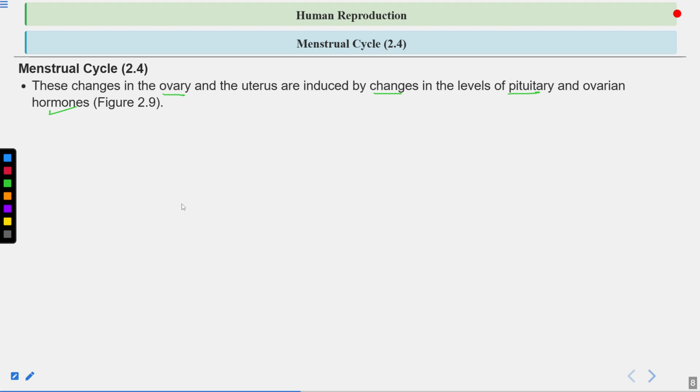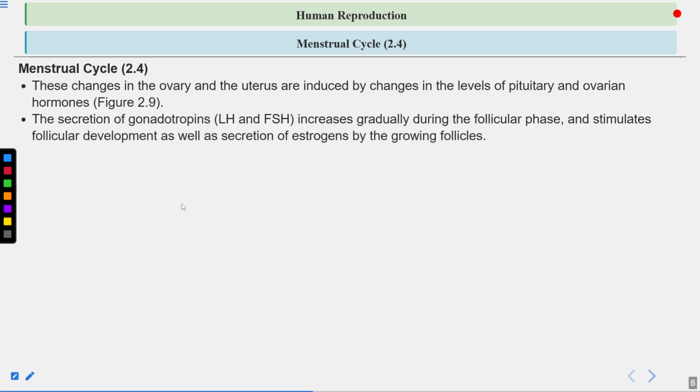And this is all because of the release of the pituitary hormones known as FSH and LH, as well as the ovarian hormones. So these follicles start to secrete estrogen also. Estrogen also helps to maintain the endometrium lining, but basically it is progesterone. Okay, now estrogen, as I have told you, can follow the negative feedback and positive feedback depending on its concentration.